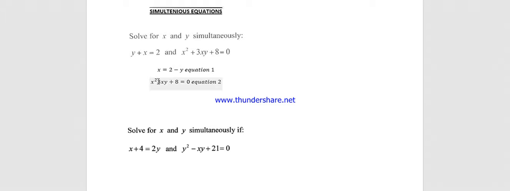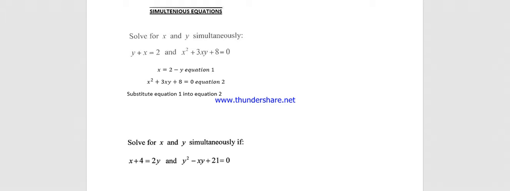Sorry, here it's plus. So this is my equation 2. Now I am telling the marker that I am substituting equation 1 into equation 2, right?